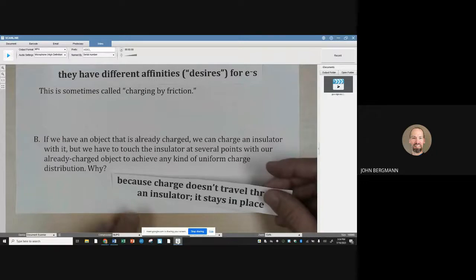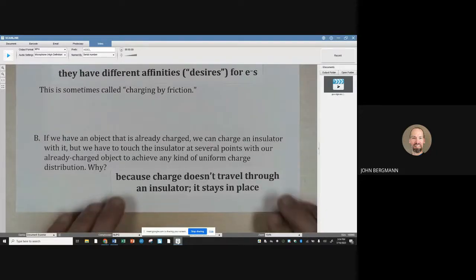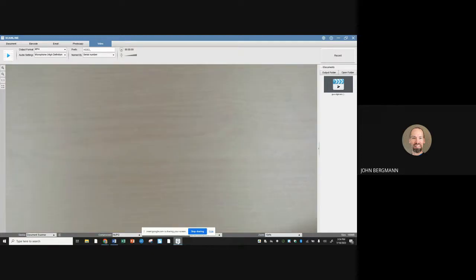And why is that? Well, that's because charge doesn't travel through an insulator. It stays pretty much where you put it. So if you want that charge to be distributed throughout on the surface, then you need to touch this object with your charged object at several different points.